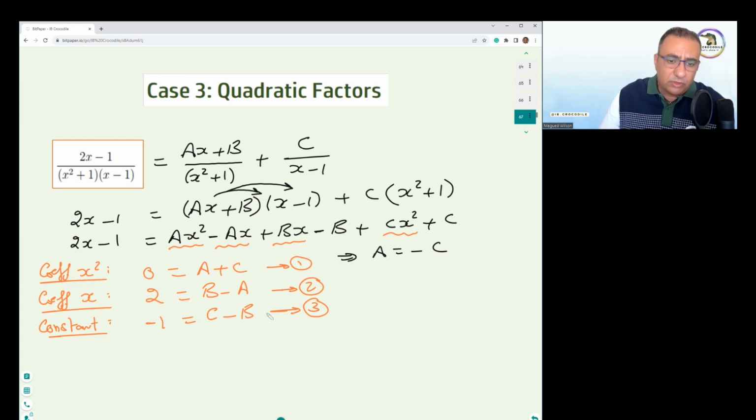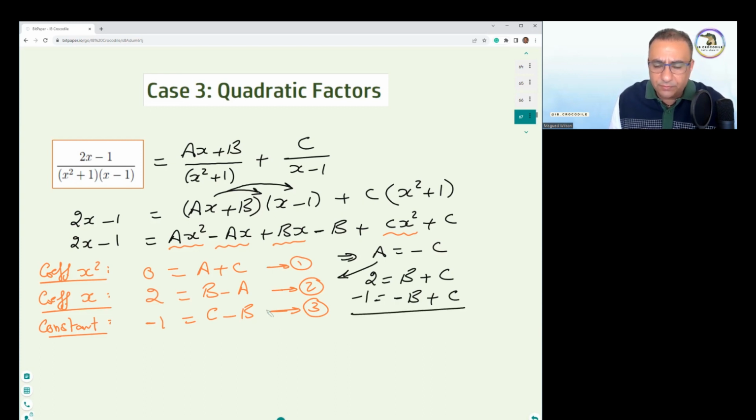I think that's a good approach. So let's substitute in equation 2 a is negative c. So this becomes 2 equals b minus, and then instead of a, I'm going to put negative c. So minus minus plus, so 2 equals b plus c. Right? And then we have negative b plus c equals negative 1 in equation 3.